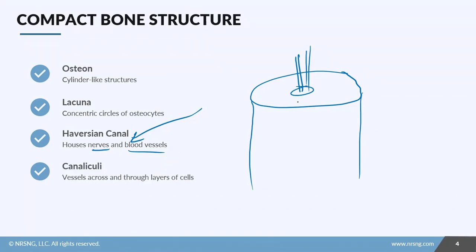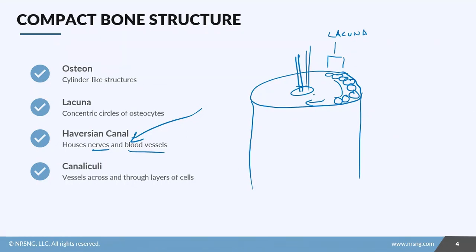Inside an osteon, you have these concentric circles of osteocytes, and they go all the way around. This area right here is called a lacuna. Essentially, it's the layer of the osteocytes, and they're made in concentric circles. And then coming from there, you will have something called canaliculi.